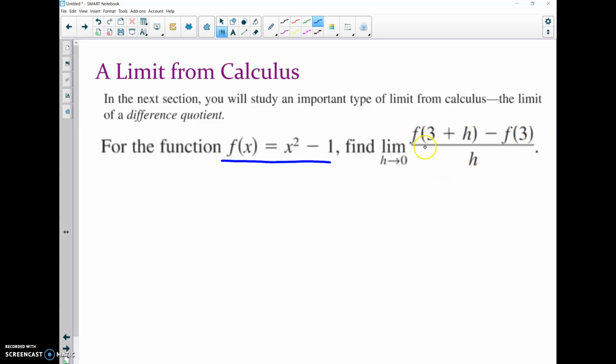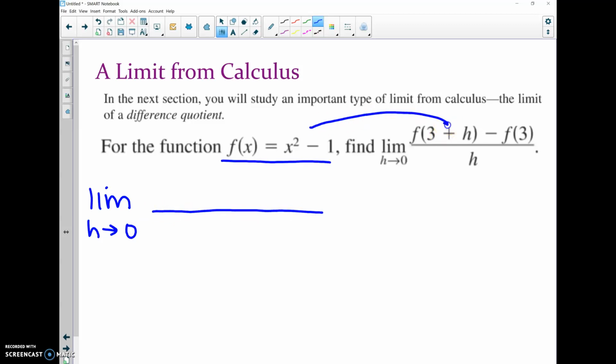So f of 3, you're plugging in 3 into your equation. F of 3 plus h, you're plugging 3 plus h wherever you see x. So our limit as h approaches 0 of that difference quotient. Well, f of 3 plus h, I'm plugging that in for x.